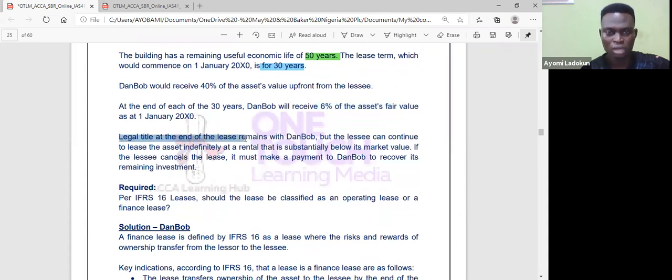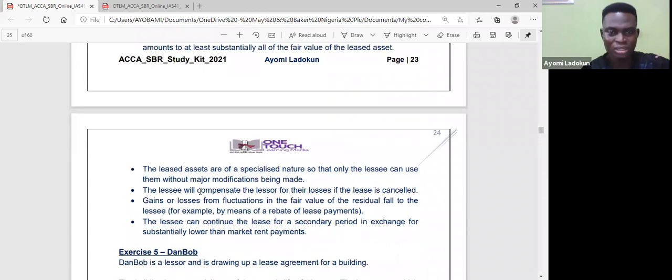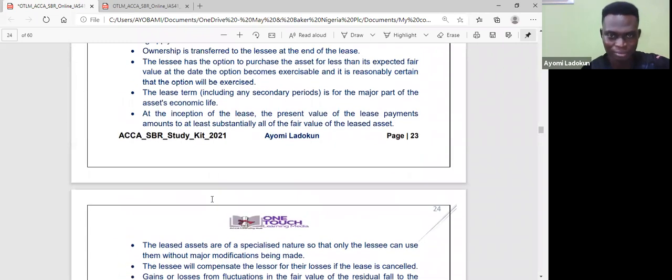Legal title at the end of the lease remains with the lessor. But the lessee can continue to lease the asset indefinitely at a rental that is substantially lower than the market value. Is it part of what we said here?